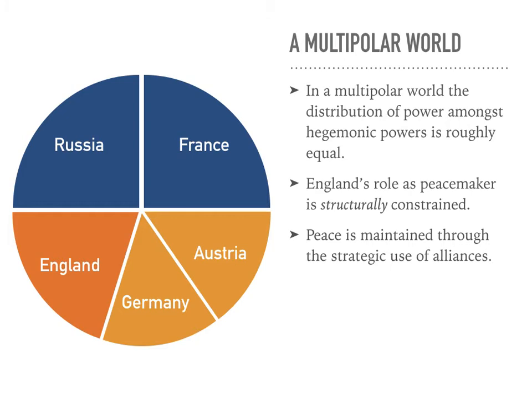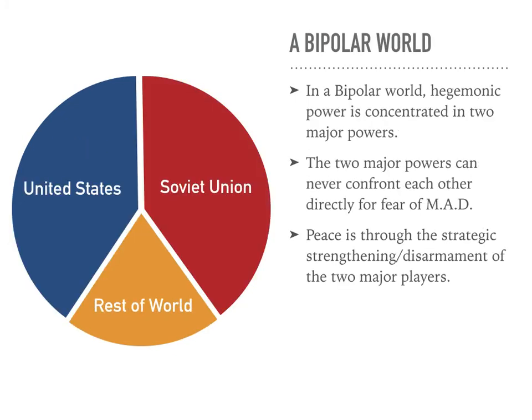However, in the Cold War, in the world after World War II, multipolarity was no longer the system that existed. Instead, you had a bipolar world. In this case, hegemonic power is only concentrated in 2 major powers, the United States and Soviet Union.